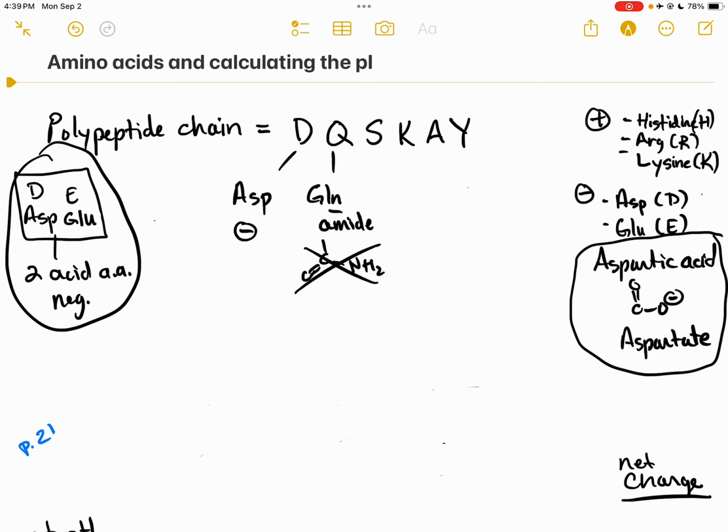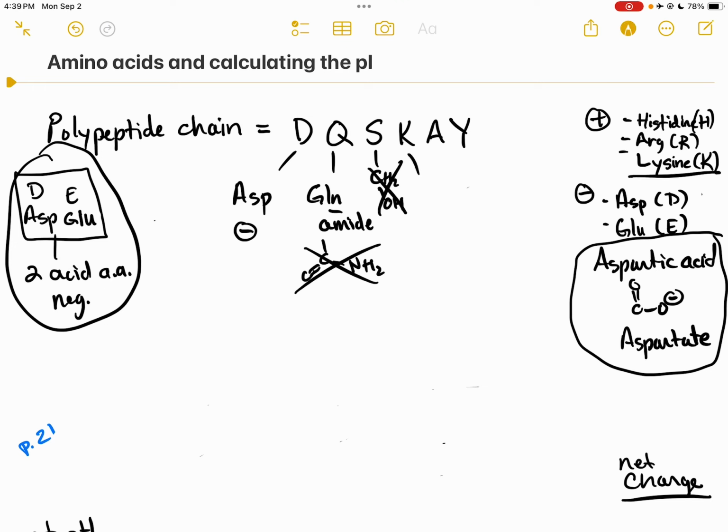Amides are neutral, so we don't have to worry about that one. Serine is an interesting one. It does have an OH, but we never worry about that, the pKa is way up around 16. And remember, pH goes to like 14, so we don't need to worry about that one either.